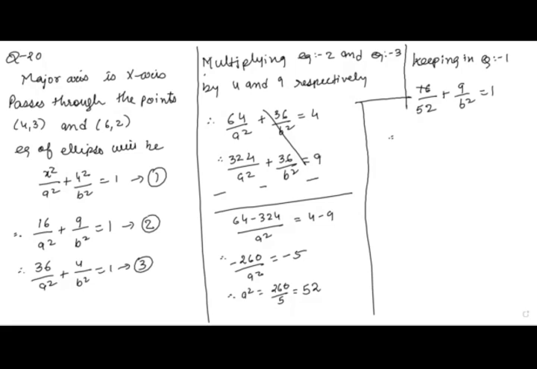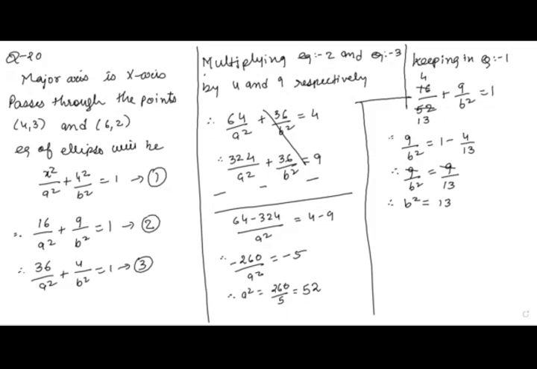Therefore 4 4s are 16, 4 13s are 52. So 9 by b square is equal to 1 minus 4 by 13. Therefore 9 by b square is equal to 13 minus 4, which gives me 9 by 13. Here 9 will get cancelled out and I will have the value of b square as 13.